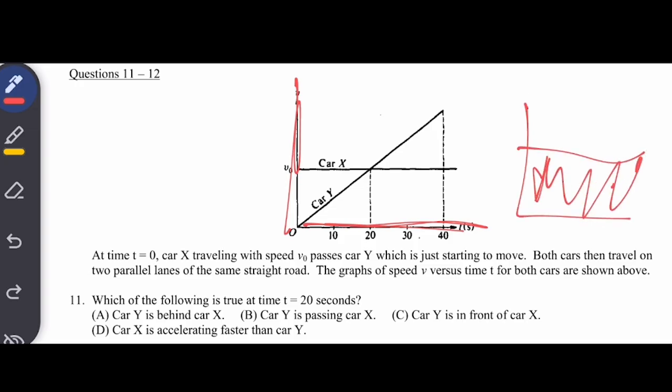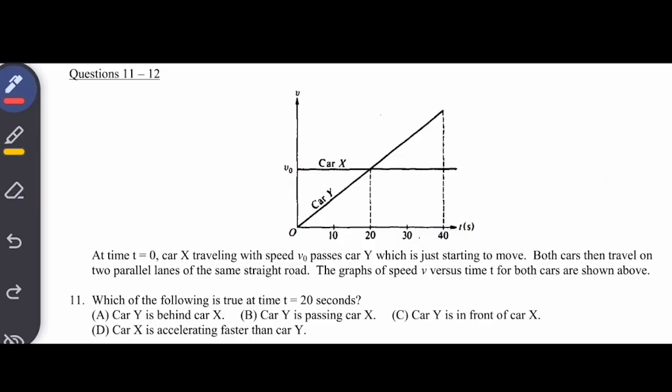So the area under the curve is going to be the displacement. With that knowledge, we can find the displacement of car X and car Y, knowing that since they both start at the same spot because they're both traveling on the same straight road, whichever one has the greater displacement is going to be ahead of the other one.